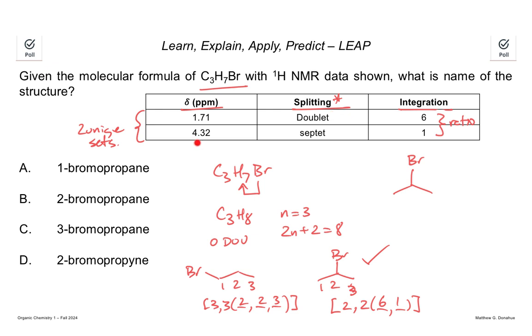Then notice this big jump in chemical shift, 4.32. That's because the carbon atom is bearing an electronegative element. So that really pushes it, way past the other signal that you see. So you have 1 hydrogen, you have 3 plus 3, 6 plus 1, that's 7. So that signal there will look like a septet.